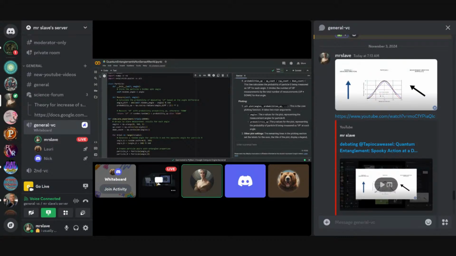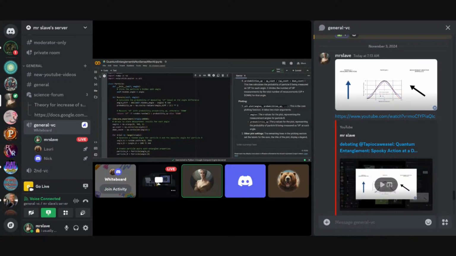Whatever your spin is, your hidden variable, just let us know. Did you flip a coin and decide that the result is up? Meaning we ran you through a magnet field. Did you go up or did you go down? It doesn't really matter what the calculation is. Whatever it did, it decided to either go up or down. And let's say it went up.